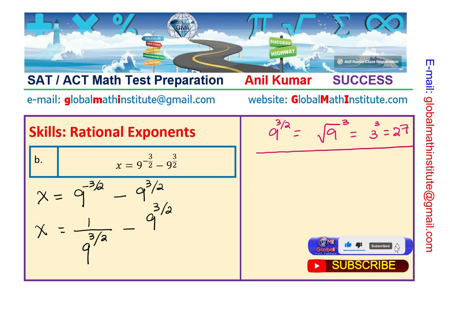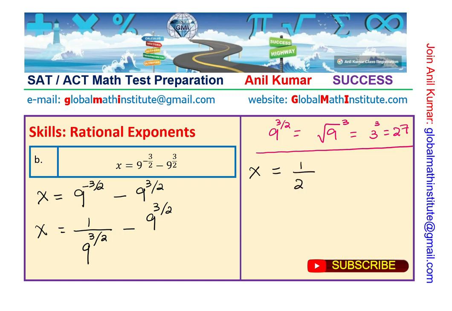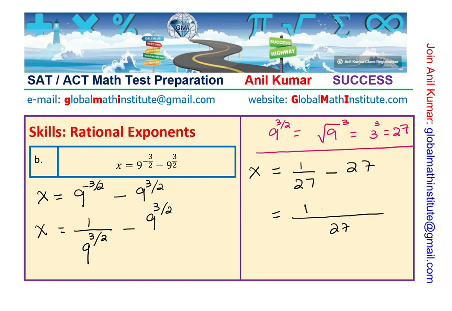So we can now rewrite this equation as x equals 1 over 27 minus 27. Makes sense, right? Now, taking 27 as common, we have 1 minus 27 times 27.